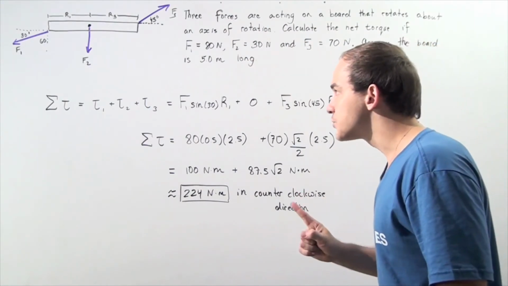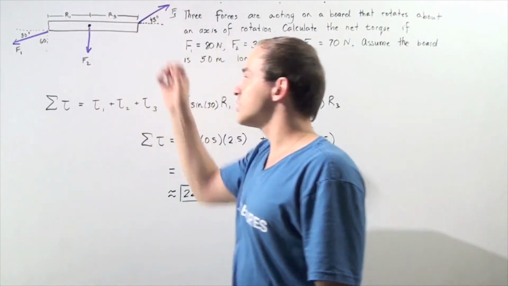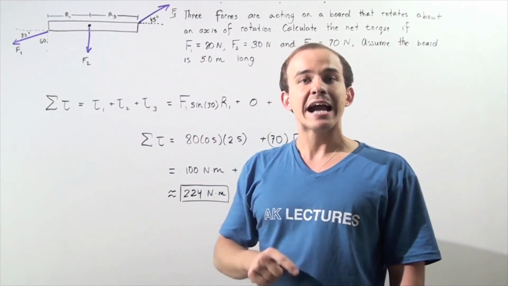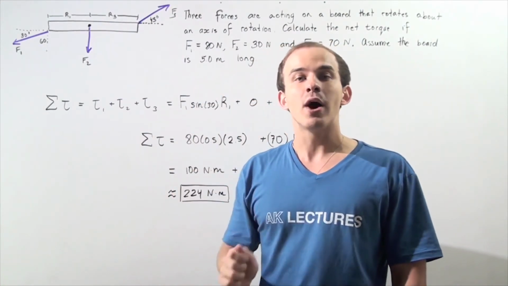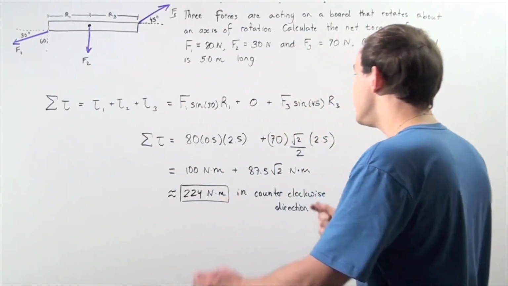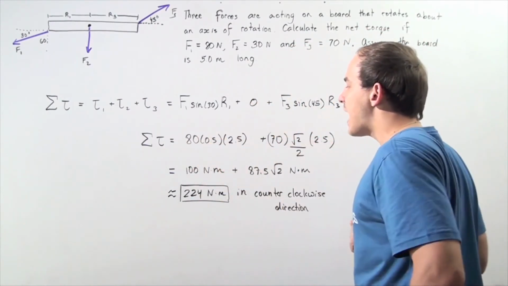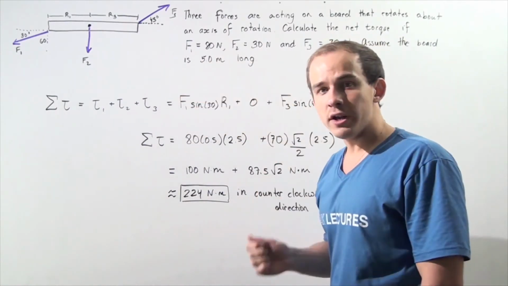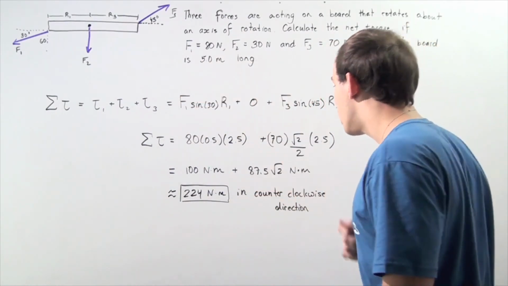So notice both of these forces create a torque that rotates in the same exact positive counterclockwise direction. So that means we add up these two values. So 80 times 0.5 is 40, times 2.5 is 100.